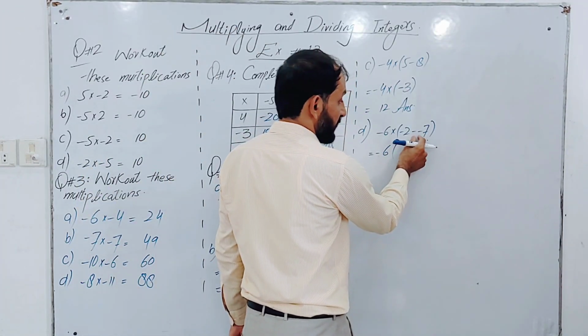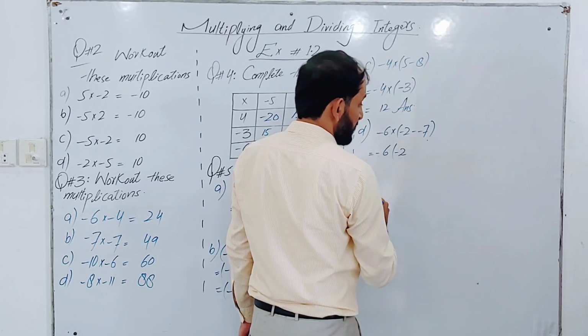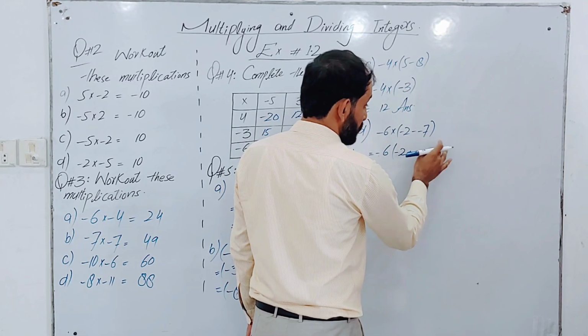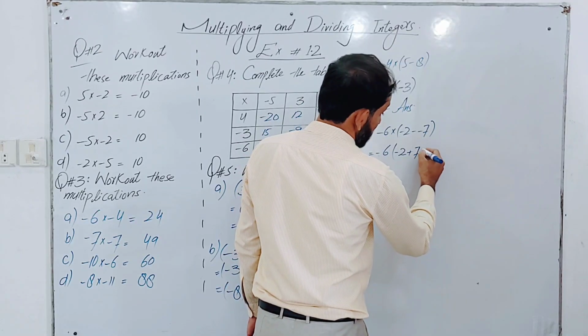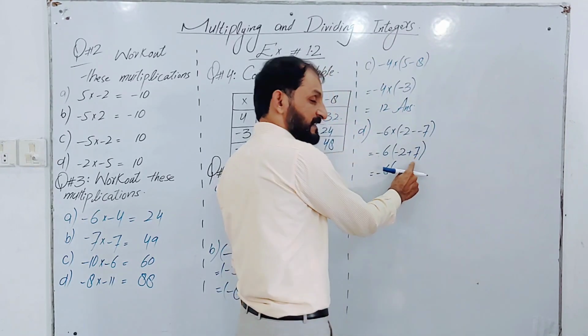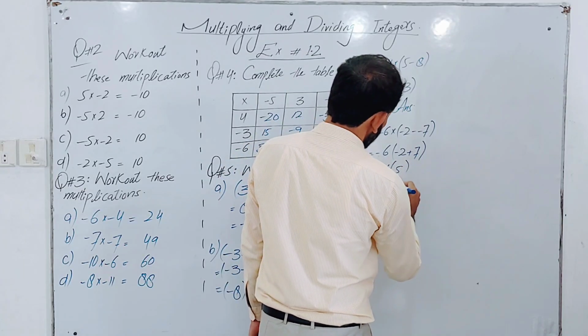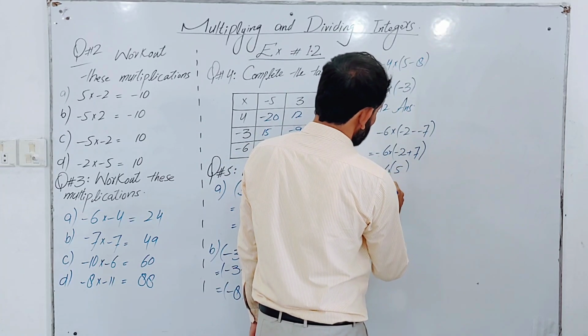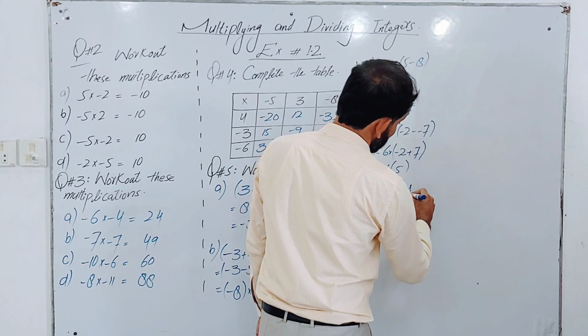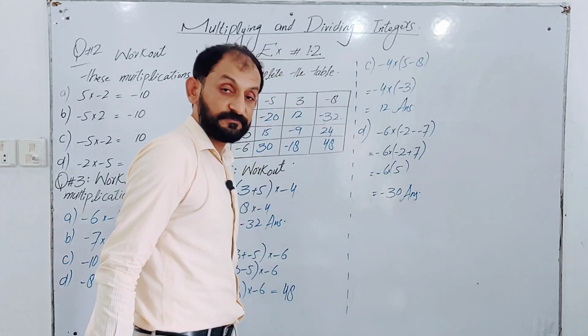Now you can see we have a double sign. Minus 2 as it is, minus plus sign, that will be changed into the plus sign. Plus 7. Minus 2 plus 7 will be equal to 5, and we have a multiplication sign. Minus 6 5s are minus 30 is the final answer of D part.